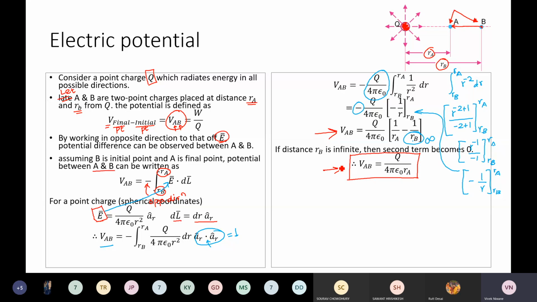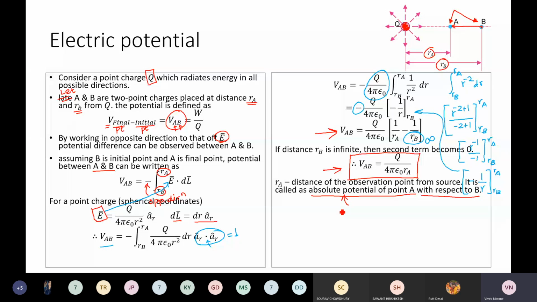The next point says, where RA is the distance of the observation point from the source, it is called the absolute potential of point A with respect to B. I intentionally put these words into the theory itself because these words are used in the numerical and they create confusion.